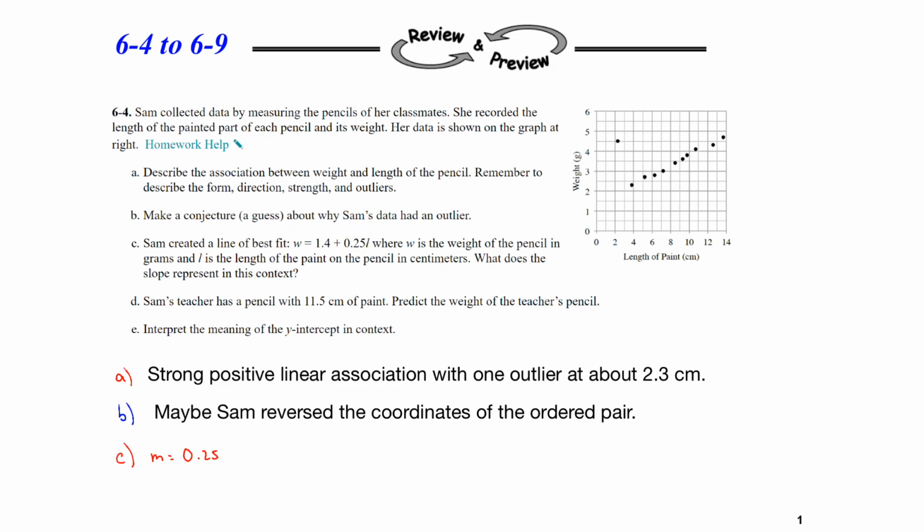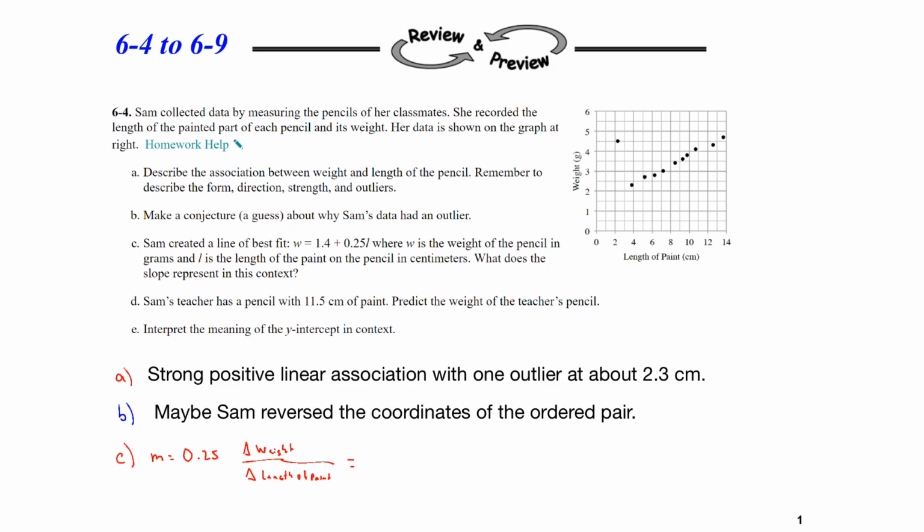Remember, slope is the change of y, or in this case, the change of your weight over the change of x, or the change of length of paint. So think about that. How would you say what the slope is, 0.25, based on the change of y weight and the change of length of paint?